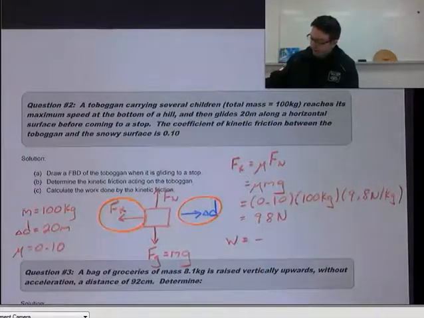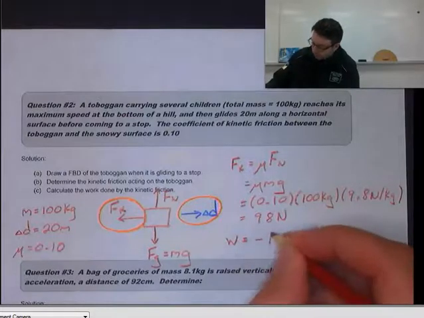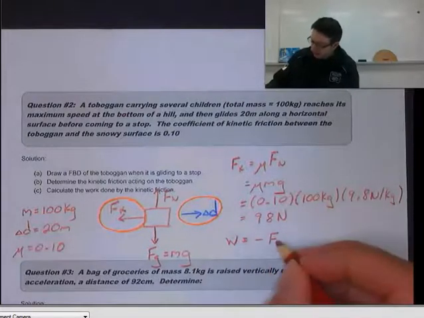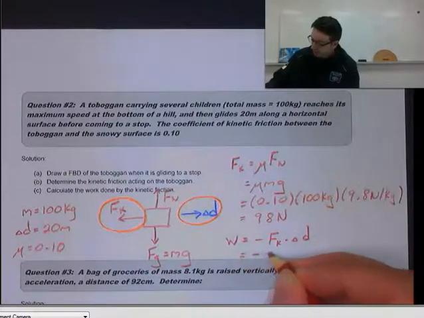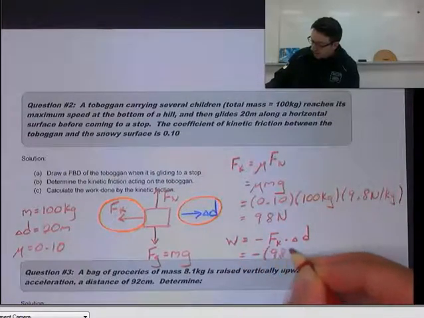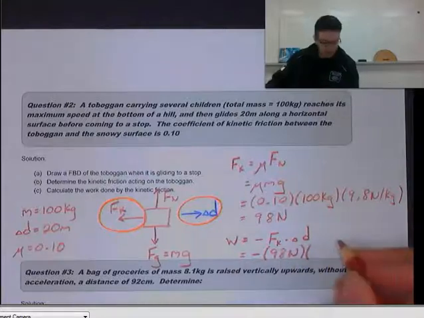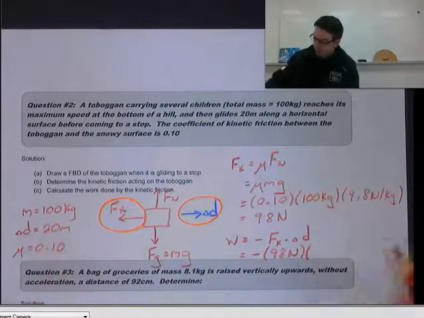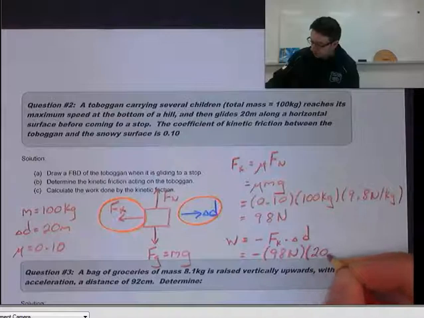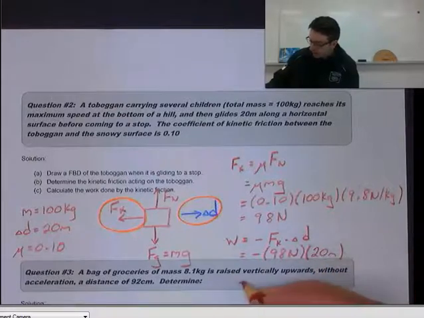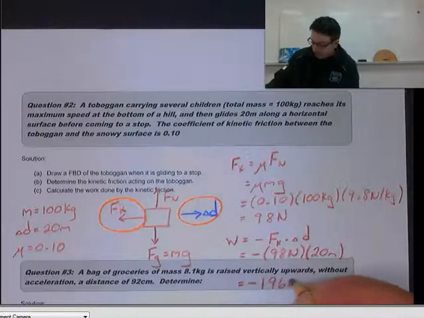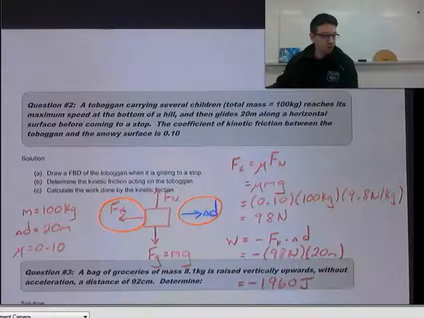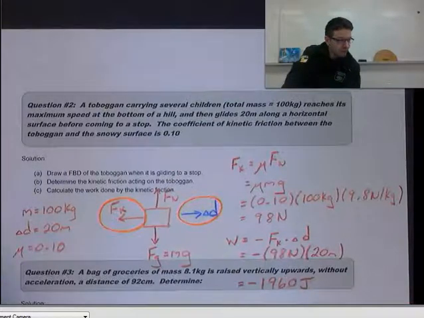It's negative the magnitude of that kinetic friction times displacement. So we have minus 98 newtons times our displacement, which was 20 meters. So that gives us minus 1,960 joules. So I'll just pause it there.